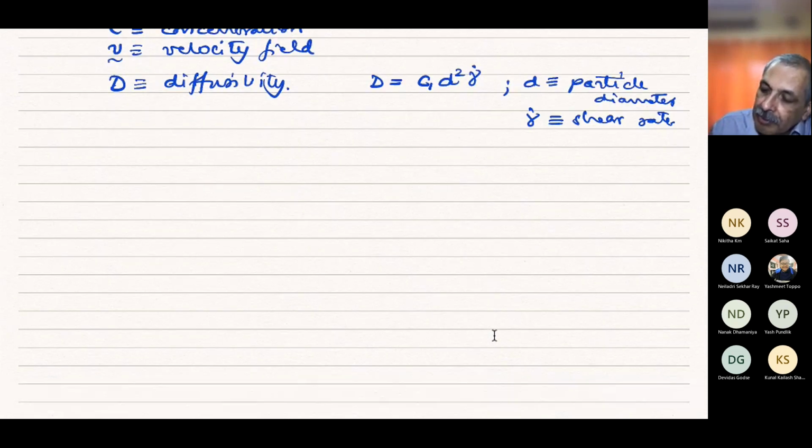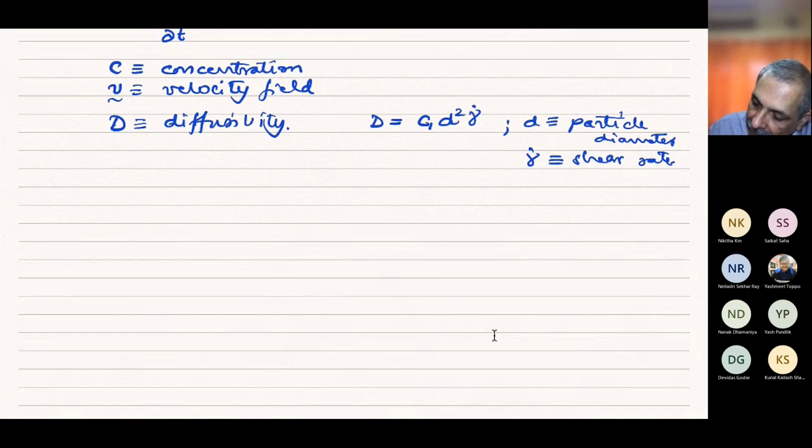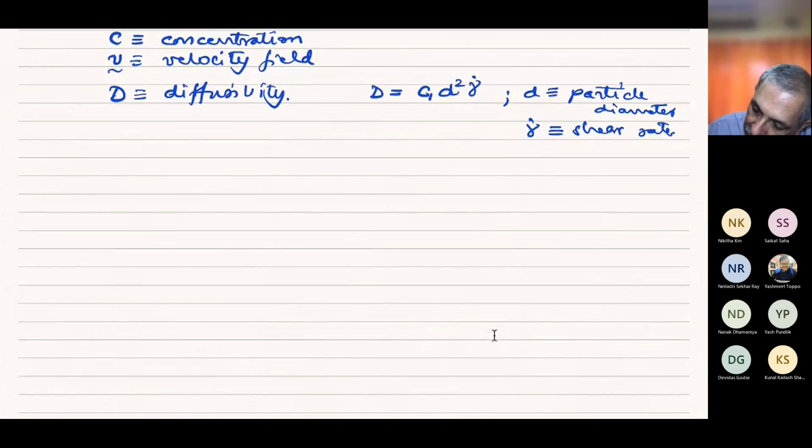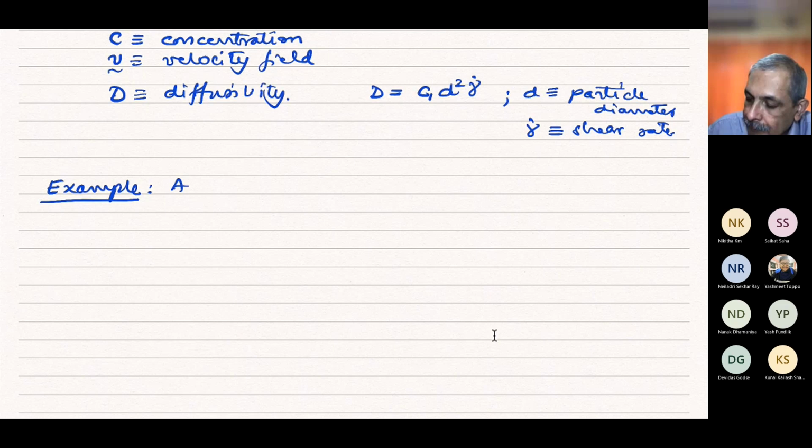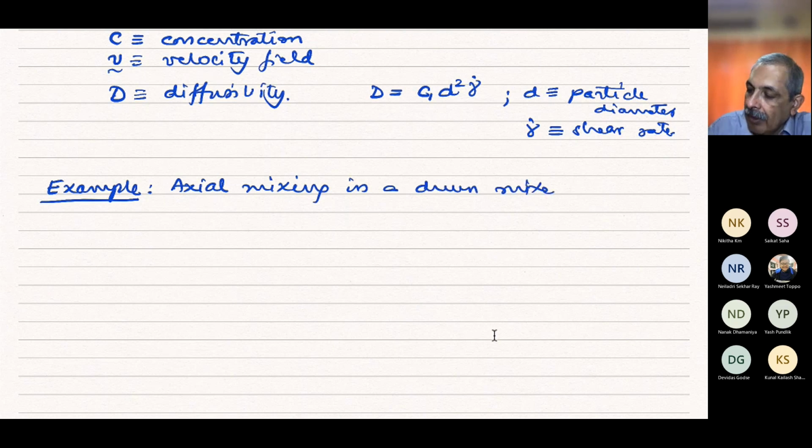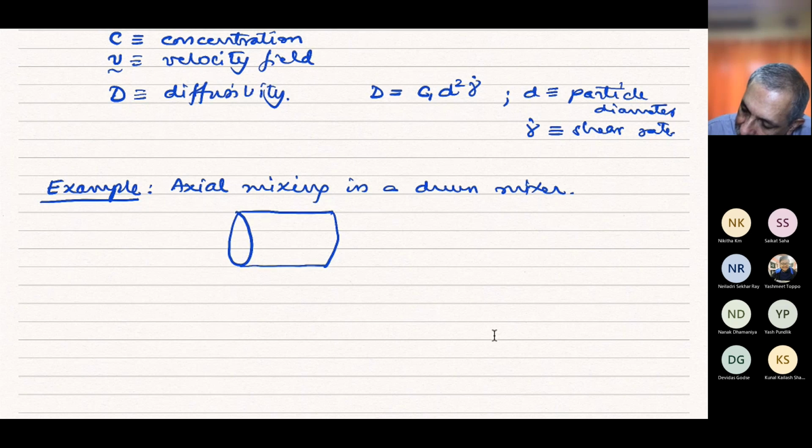So we can think of a simple example problem to do, and that is axial mixing in a drum mixer. What this is, is a cylinder that is horizontal like this.